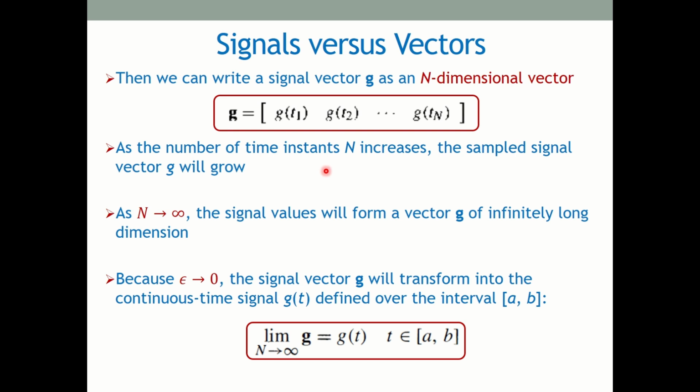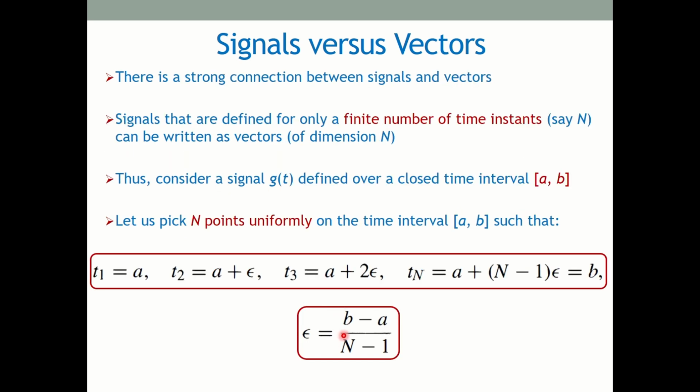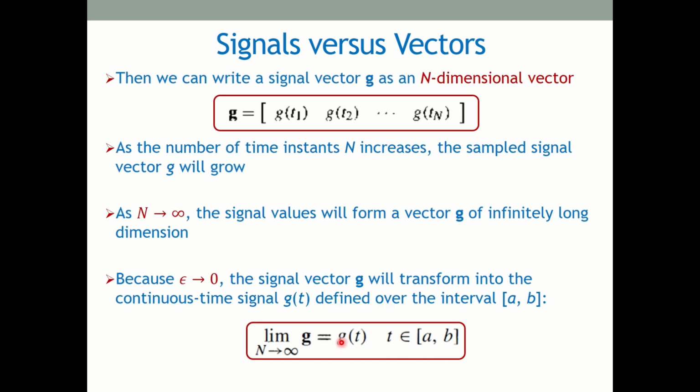As the number of time instants n increases, the sampled signal g will grow. This is easy to understand: if n is large, then our vector consisting of the samples of g(t) would be large.